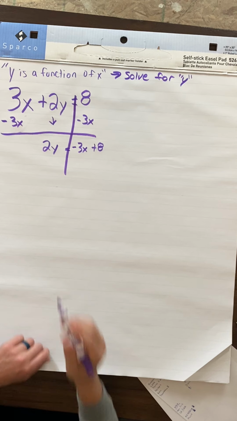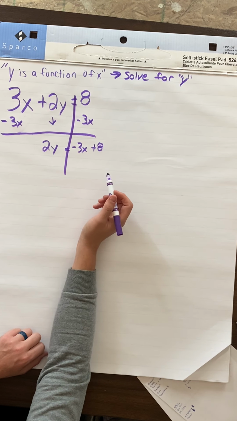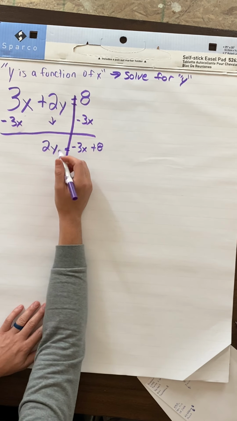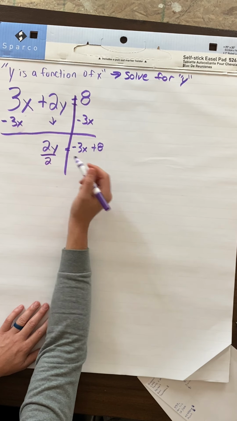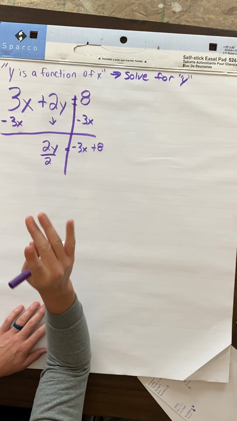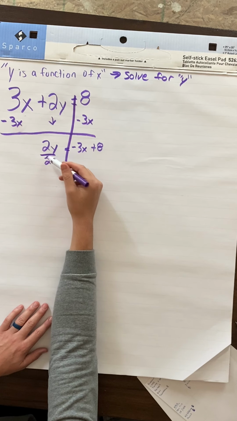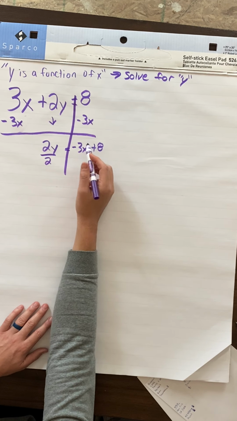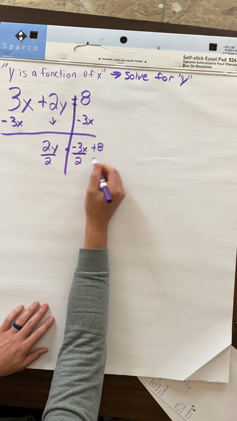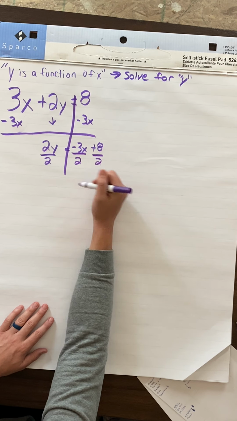Okay, so our last step is to get rid of this 2. How are we going to get rid of the 2? We want to keep the y there, so what we're going to do is divide by 2. The key here is we have to divide each term by 2. So we're going to divide this by 2 and this by 2.